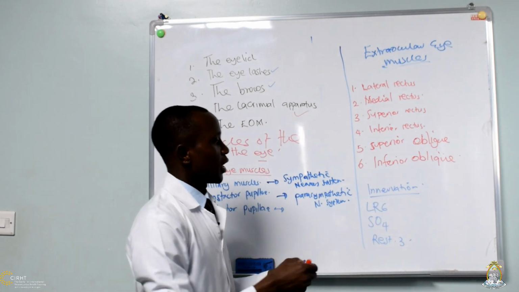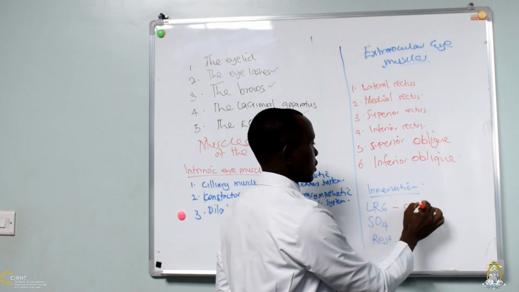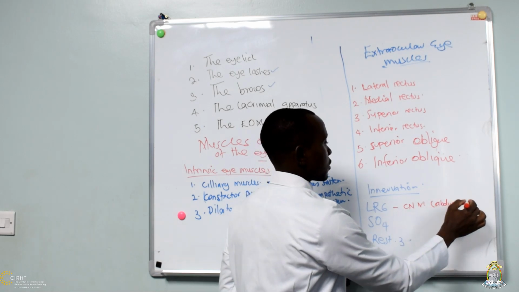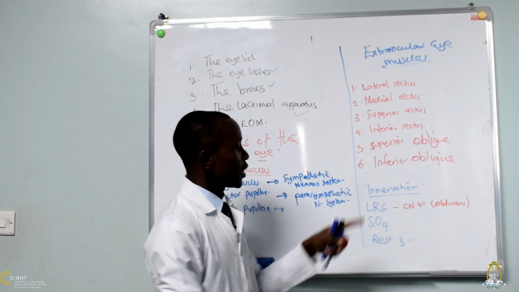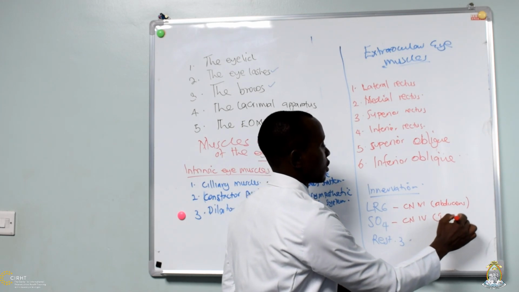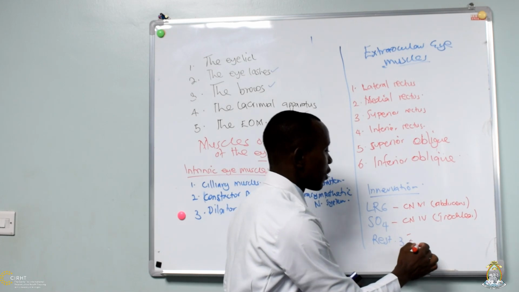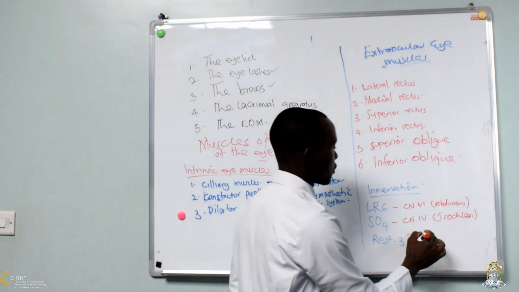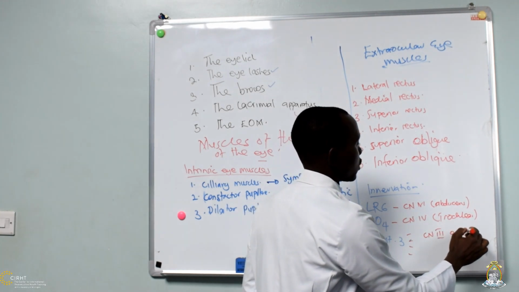Meaning, lateral rectus is innervated by cranial nerve number 6, which is abducens. And then superior oblique is innervated by cranial nerve number 4, which is trochlear. And all the rest of the extraocular eye muscles are innervated by cranial nerve number 3, which is oculomotor.